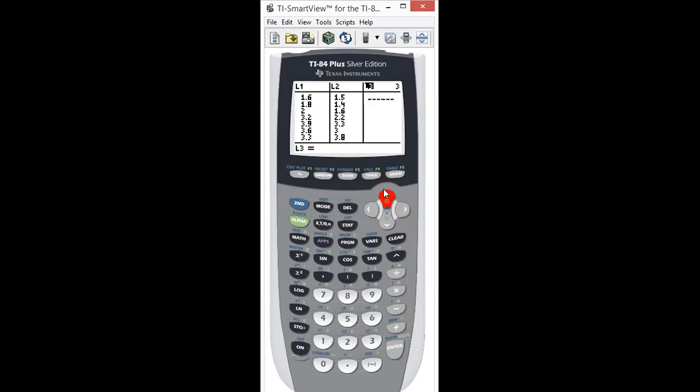So we're going to do before minus after, that's going to be second L1, which is 1. So I press second and the number 1, minus, and then second and the number 2. So that's going to give me list 1 minus list 2. So when I press enter, blam, there's the differences right there that your calculator's got. Any questions on that?